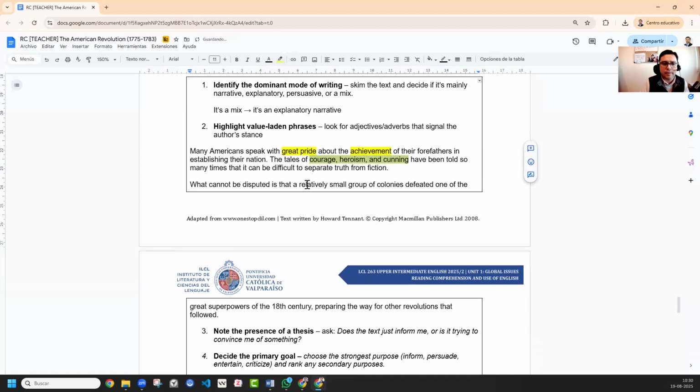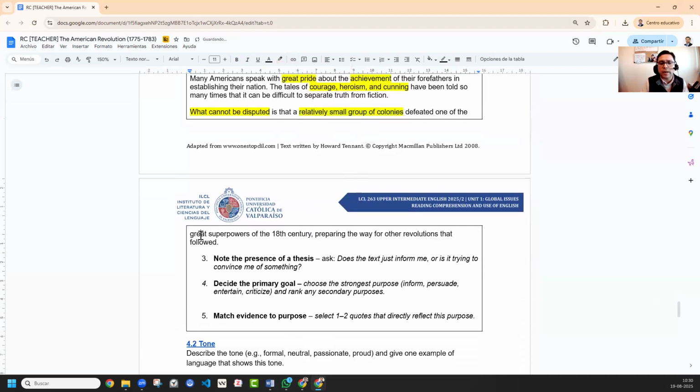So here, what cannot be disputed, okay, so that's also value laden, is that a relatively small group of colonists defeated one of the great superpowers. So this is a contrast here, between small and great.